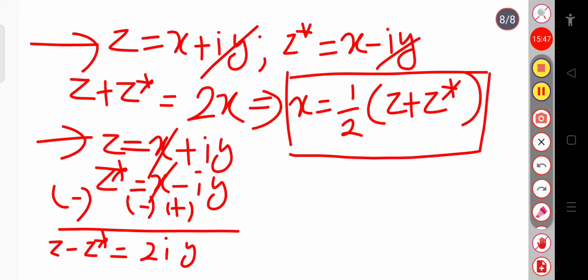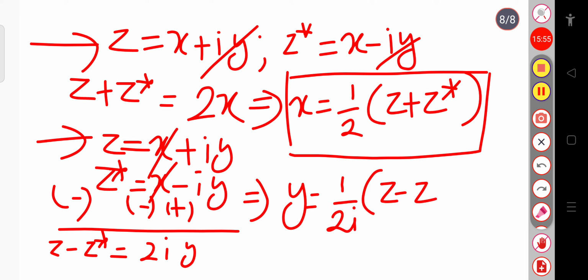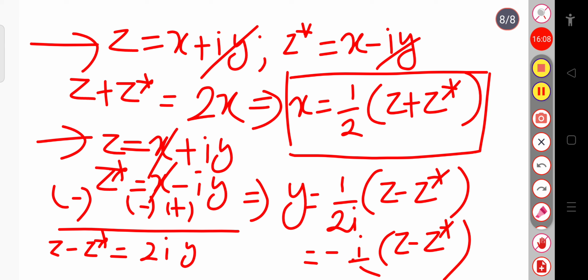So here also I can write y will be equal to 1 by 2i of z minus z star. Or if I multiply i in the denominator and numerator, this becomes minus i by 2 into z minus z star, or simply we can write this as i by 2 of z star minus z.